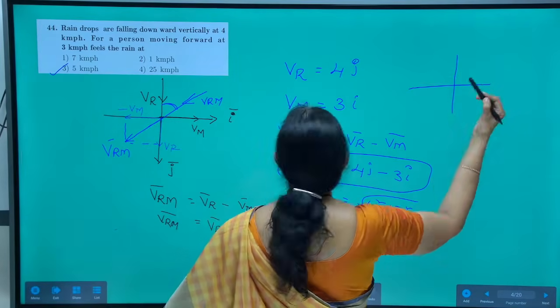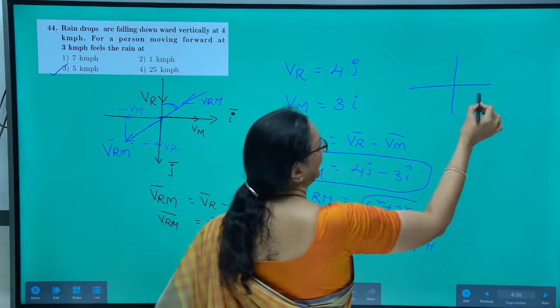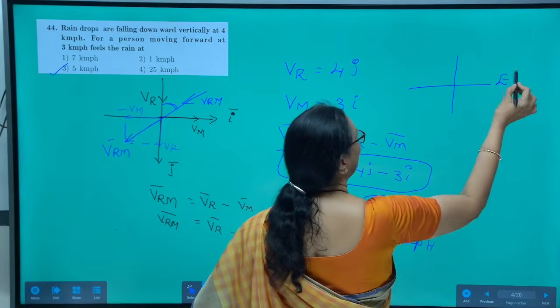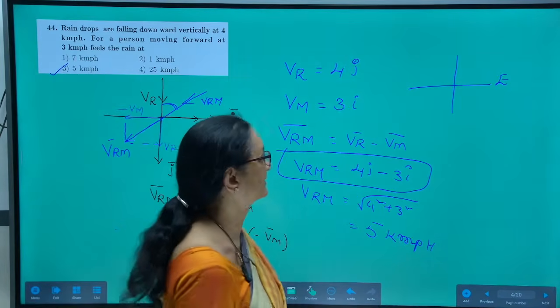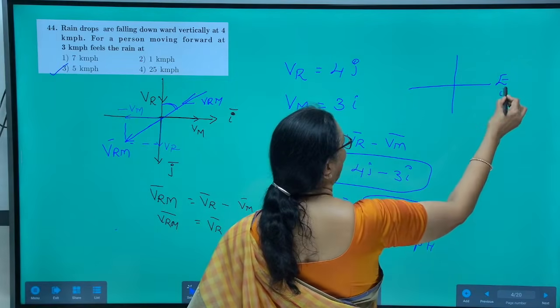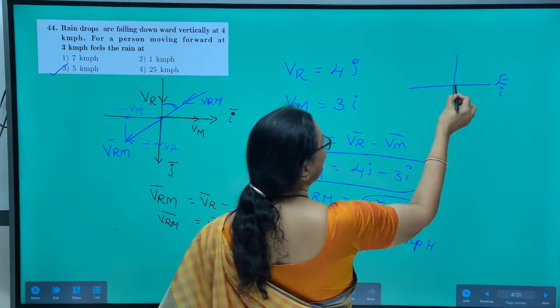The person is moving forward, it is mentioned. Suppose the problem mentions that the person is moving eastwards. So, this is I bar and this is J bar, 4j minus 3i.